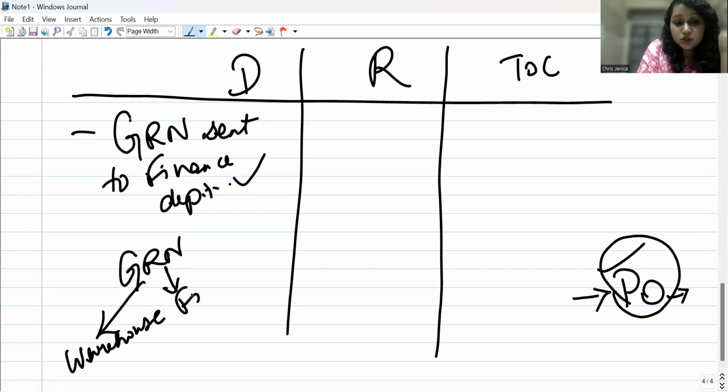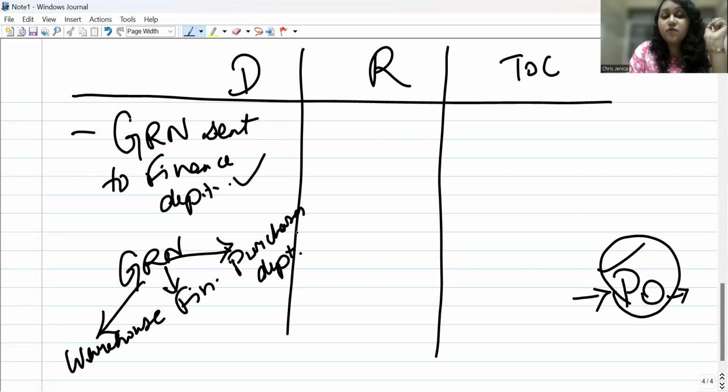One copy has to go to the finance department, that is fine. One copy has to go to the purchases department also. Why am I saying it has to go to the purchase department? Because the purchase department will be able to match the purchase order with the GRN. Why should we match the PO with the GRN? Only then will we be able to know whether whatever we have ordered, we have received or not.